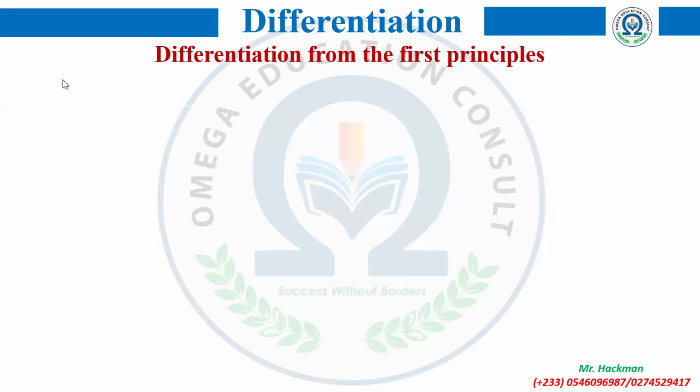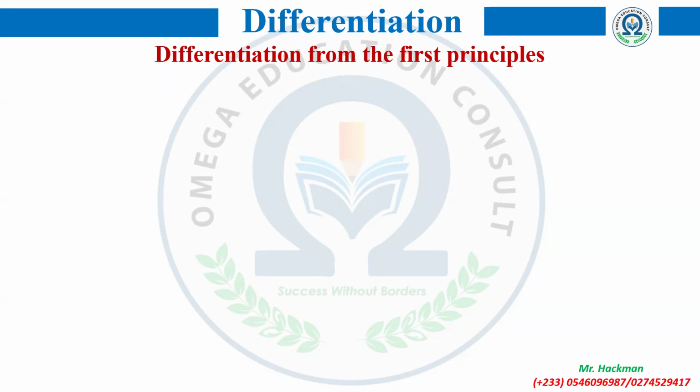So we are saying differentiation from the first principle. The key words we have here are differentiation, then first principle. When we talk of differentiation, in math we are looking at the rate of change. Differentiation is basically defined as the rate of change. Whenever we are differentiating, usually you differentiate a function, and you differentiate with respect to the variable that your function depends on.